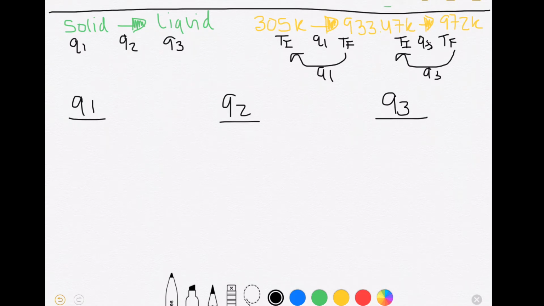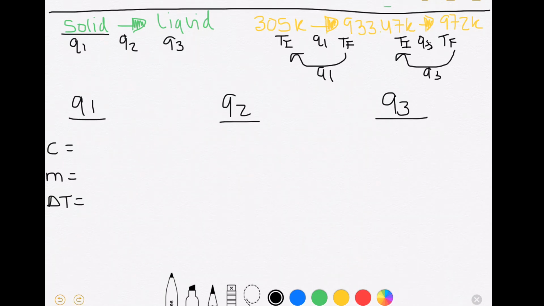So for Q1, it's an odd Q, so I need the equation Q equals Cm delta T. So I need a C, an M, and a delta T. And since in Q1 I'm in the solid phase, my C needs to be for solid aluminum.